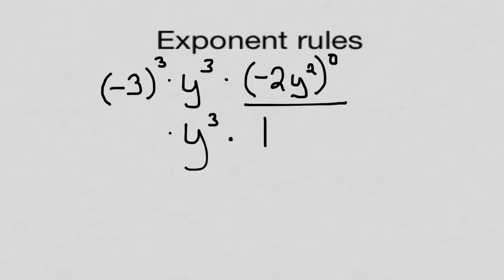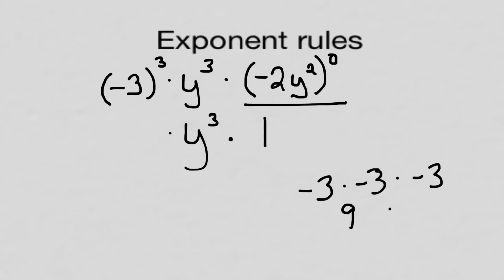And let's go here. Got negative 3 cubed. This concept is like bugging a lot of people, but let's see. I'm going to write this down here. Negative 3 times negative 3, times negative 3. Negative 3 times negative 3 is going to give you positive 9.